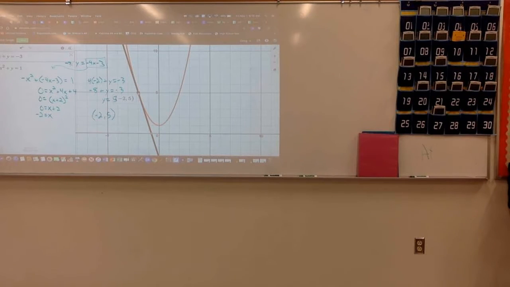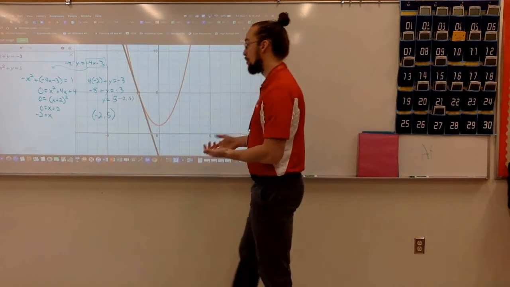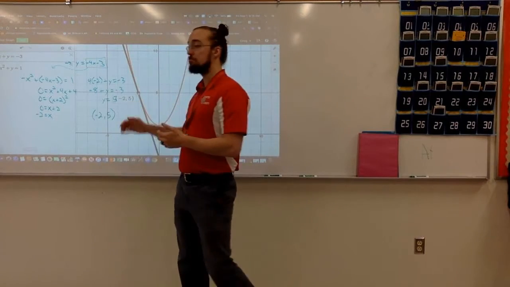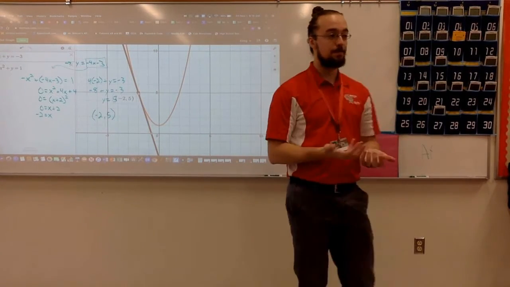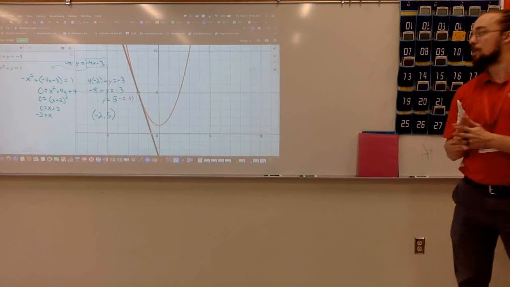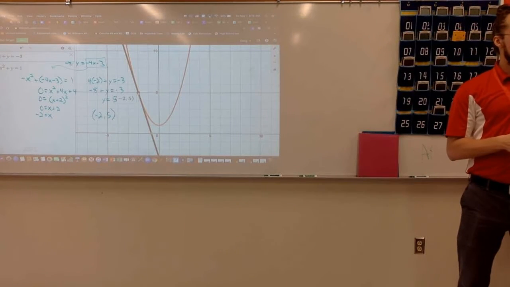We're going to graph it, but you can use some graphing tool. You can use Desmos to graph them, just to make sure that what you find as your answer makes sense. All right? Questions?